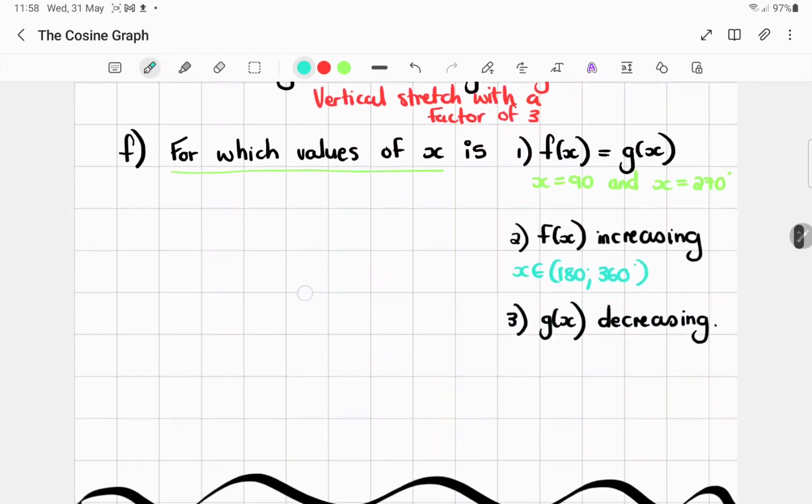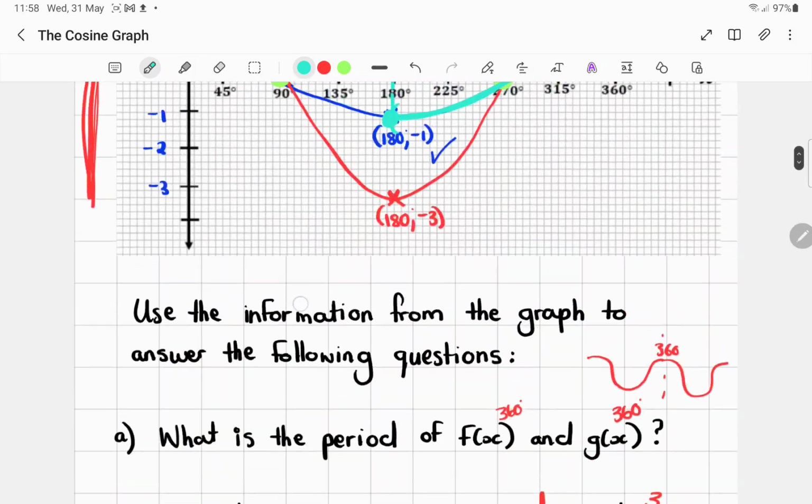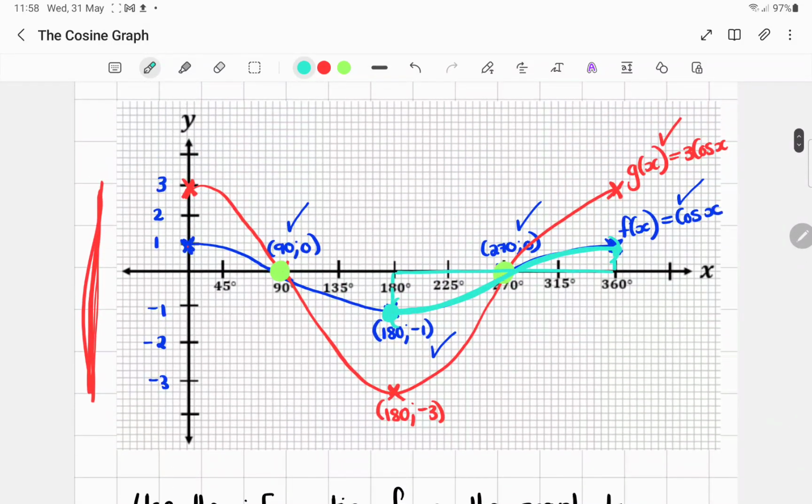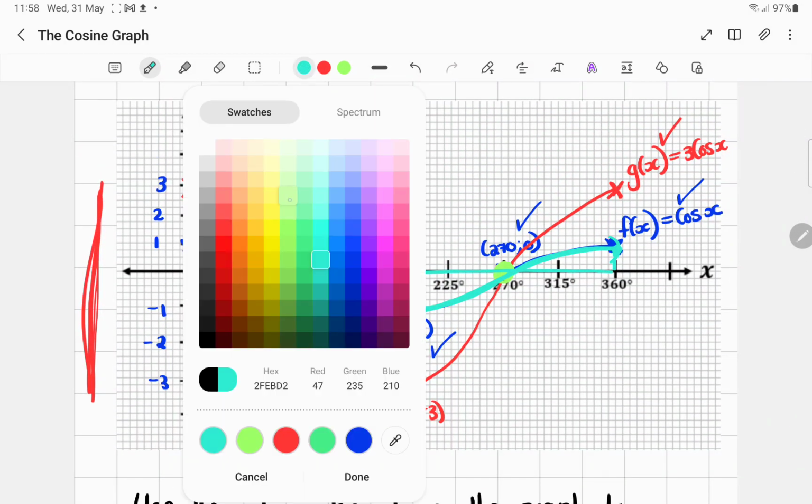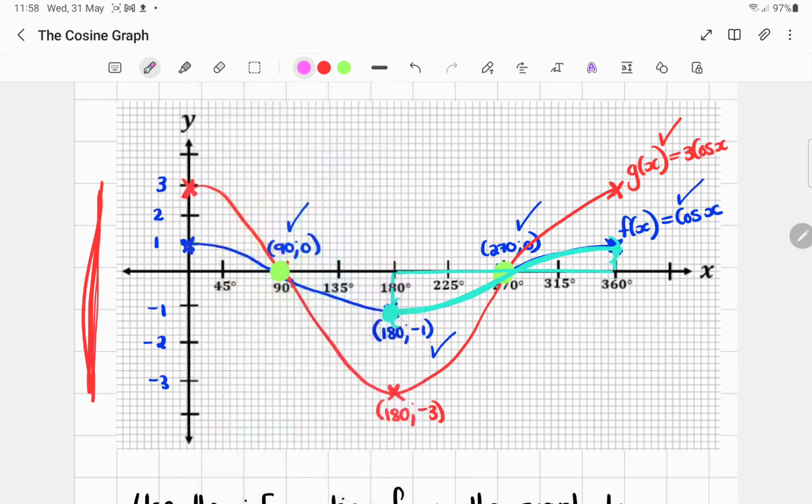All right, last one where it says where g of x is decreasing. So g of x is the red graph. Let's do this. Where's g of x decreasing? So can you see from left to right, it's going to go down, down, down, down, down, down, stop. And then it's going to start going up, up, up. So for which values of x? From 0 all the way up to 180.